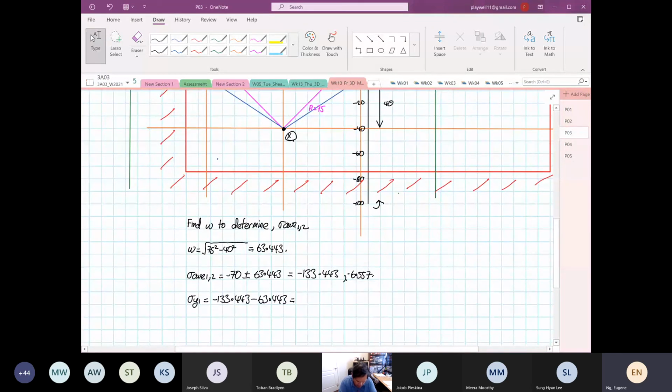So minus 133.443 minus 63.443 is equal to minus 196.886. And the other one, stress Y2, you are going to take stress average number 2, minus 6.557, plus 63.443. So this is equal to 56.886 positive.